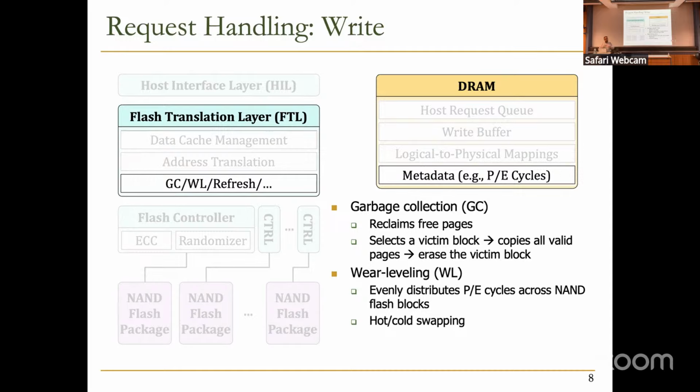And then we try to make sure that we are wearing all these blocks in a balanced way. So we don't have a block which is quite hot, which you keep programming and erasing, or some blocks that are cold. If that's the case, you might migrate some of these blocks.